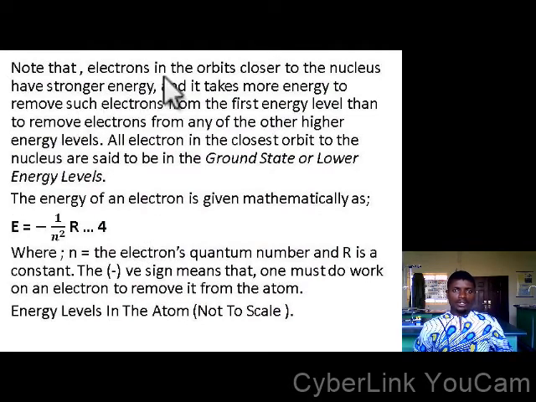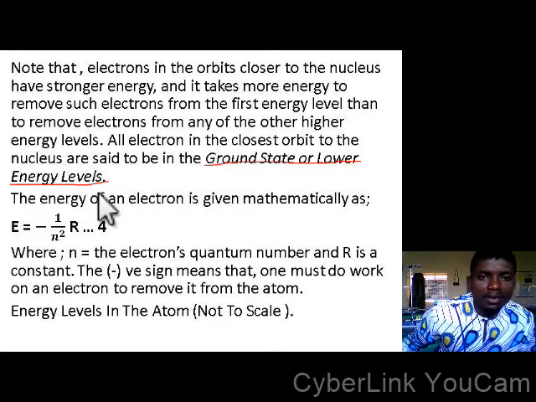Note that electrons in the orbits closer to the nucleus have stronger energy, and it takes more energy to remove such electrons from the first energy level than to remove electrons from any other higher energy level. All electrons in the closest orbits to the nucleus are said to be in ground state or lower energy levels. Please take note of this. They are very, very important.